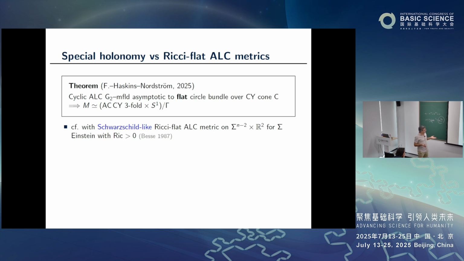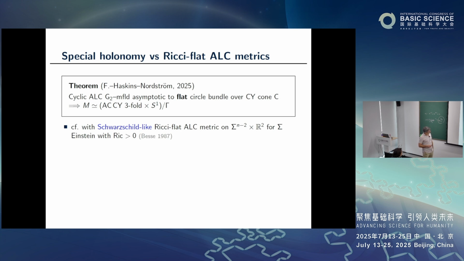In the compact case, we don't know non-flat Ricci flat examples, but we don't know whether that's just because they're hard to find or they're not there. Even for this special class of non-compact manifolds, we see that there's something more rigid for special holonomy with respect to general Ricci flat. And it's the following statement.